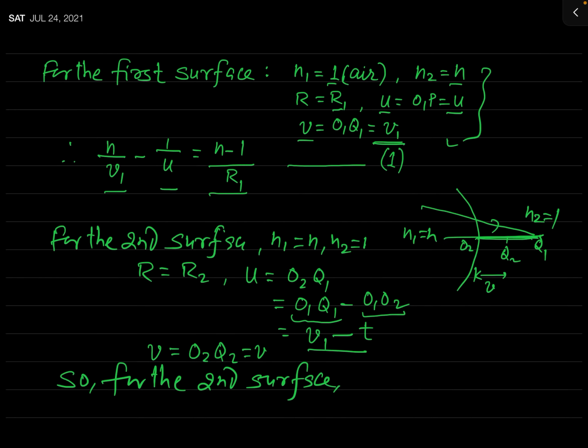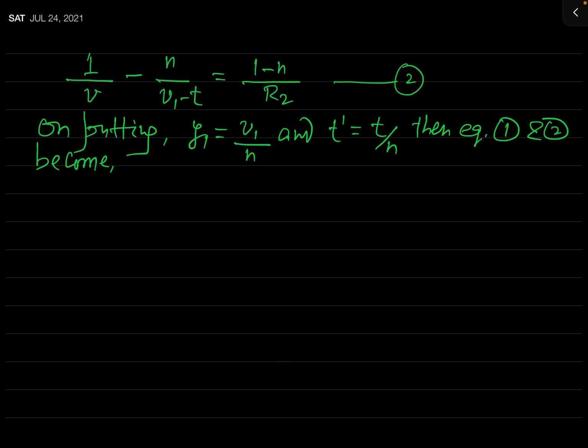See this equation 1. Equation 1 is N over V1, and we have considered that V1 over N is equal to y1. So N over V1, that will be 1 by y1. So this is 1 over y1 minus 1 over u, and that is equal to N minus 1 over r, not r, but r1. But you know, N minus 1 over r1, this is what?